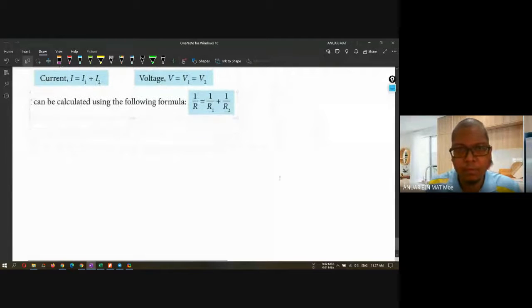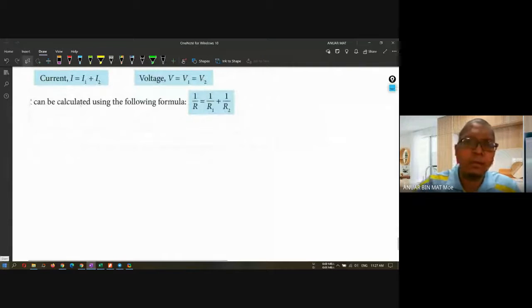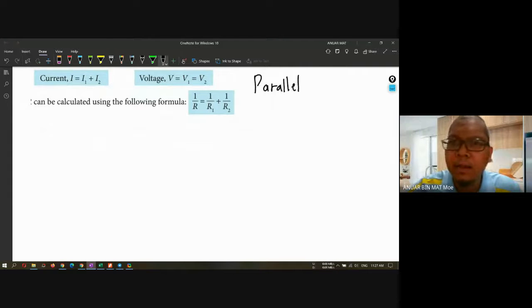Alright, so this is a parallel circuit. P-A-R-A-L-L-E-L circuit. An example of a parallel circuit is like this. Just draw it for you.